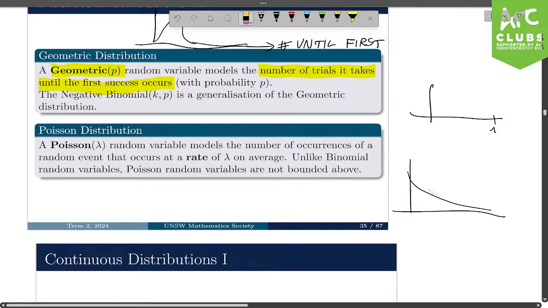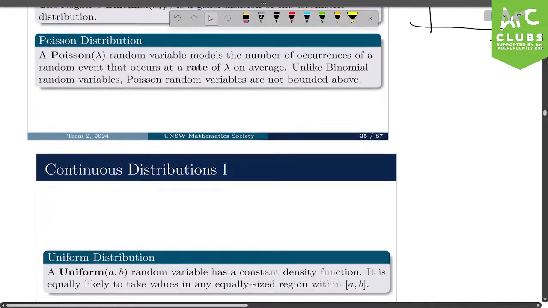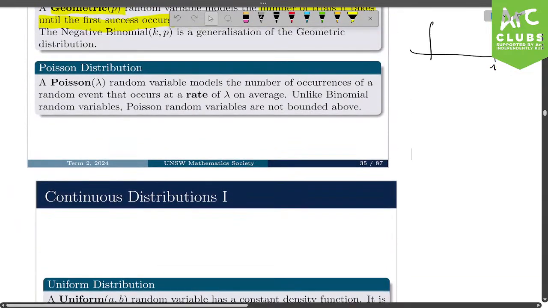I can't remember. It's very closely related to what we're going to look at a little bit later, the exponential distribution. The thing to remember here is this models the number of occurrences of a random event, so a count.